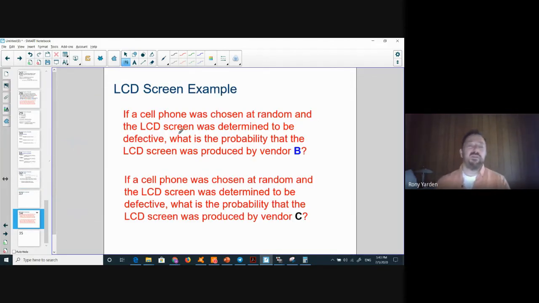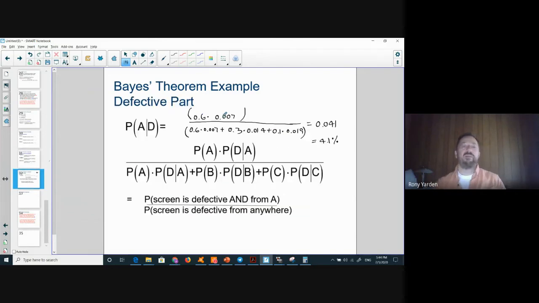Now, this is another two examples of the original question. So what is the probability that it's coming from vendor B or from vendor C? I'm not going to calculate it. This is your practice calculation, but basically the only difference is that here in this equation, if you want to find from vendor B, if this is B instead of A, this will be your numerator, not this.